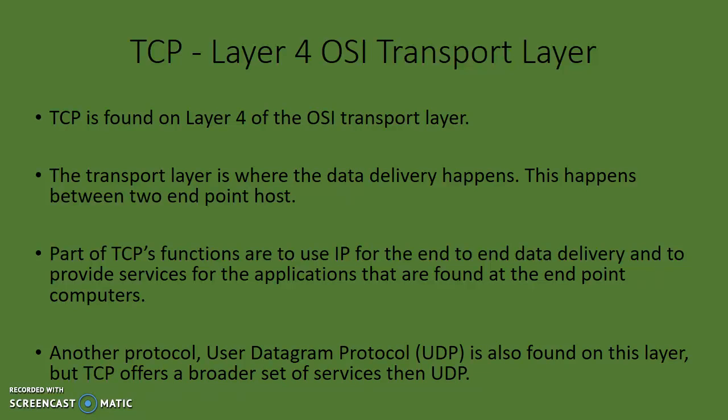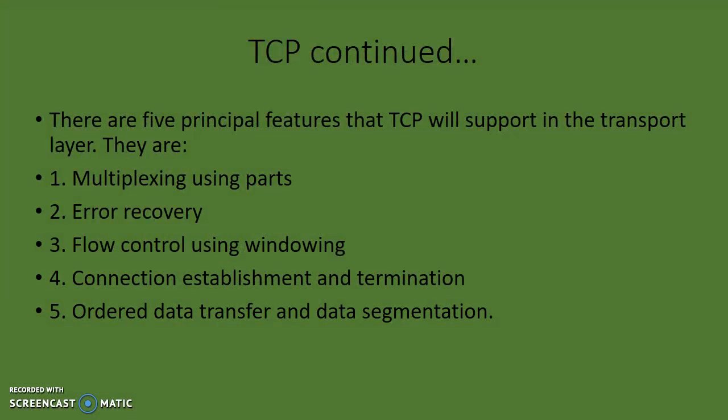Another protocol on this level is the User Datagram Protocol, the UDP. But TCP is going to offer a broader set of services than UDP. Just kind of continuing on, there are 5 principal features that TCP will support in this layer.